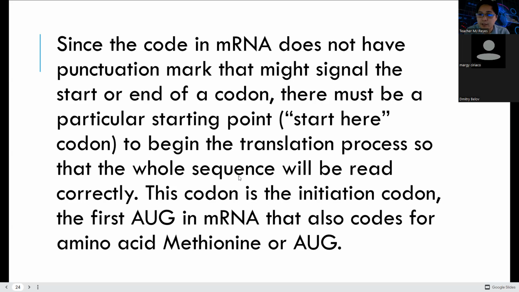We usually have the start and we usually have the end. What if there is no end? We started with AUG and there is no end codon. What will happen to the cell? Will anybody tell me what will happen to the cell if there is no stop codon? We started with the initiation codon, which is methionine. But what if there is no stop codon?